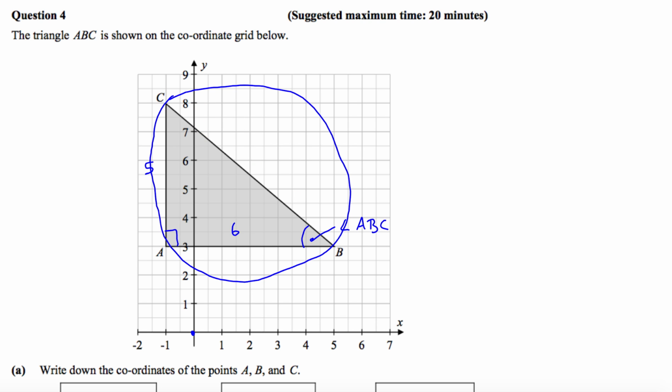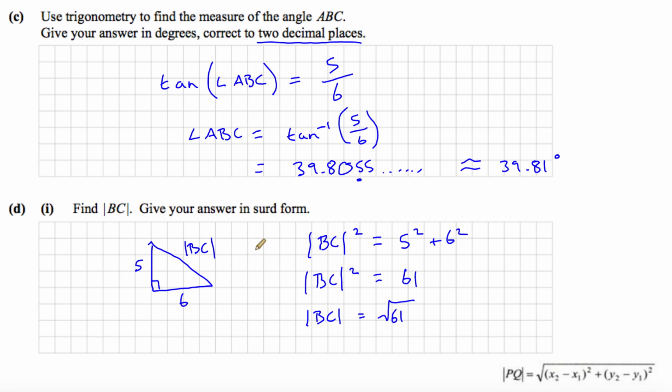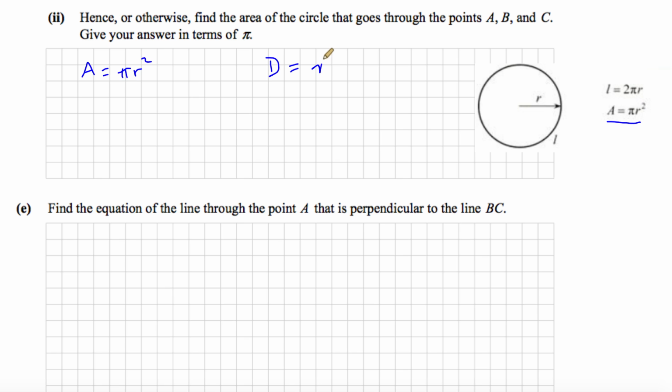So if that's the diameter, we know the diameter is the length of the line BC or CB, which we just found was root 61. That's the diameter. Well, the radius would be half of that. So our area will be pi multiplied by the radius, which is half of root 61.